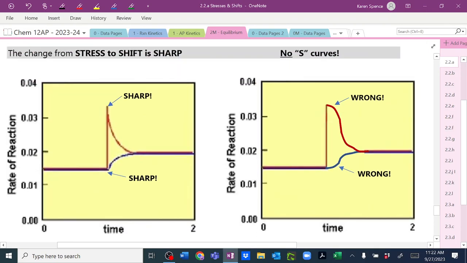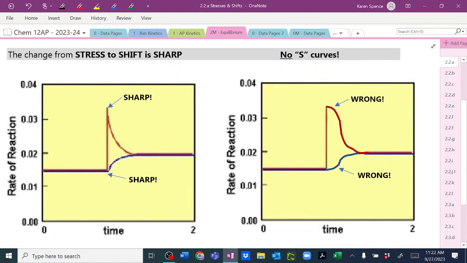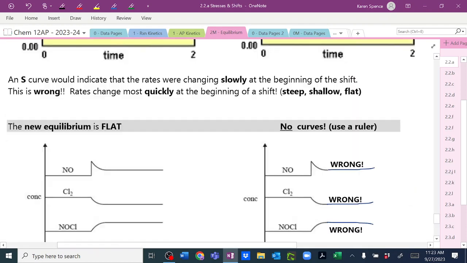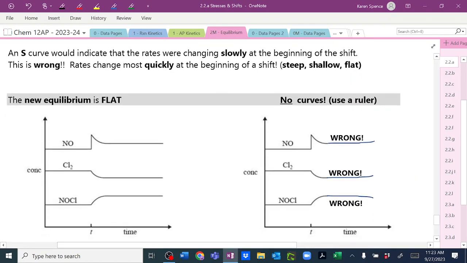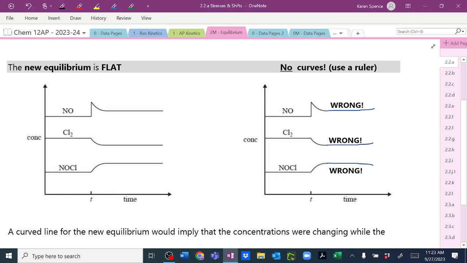Same thing, rate diagrams, no S curves for the same reason. Now, you're going to have a quiz on drawing these diagrams at some point. And if you cannot draw a line that kind of goes like that, if your flat line looks like this, or like this, then you're going to use a ruler for the flat part of the line.